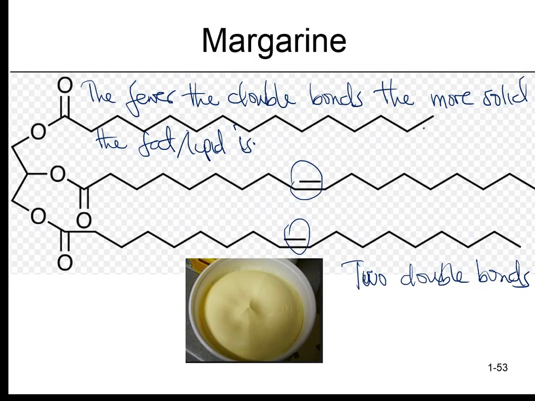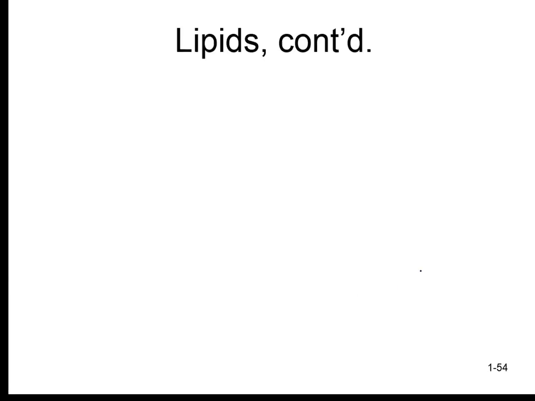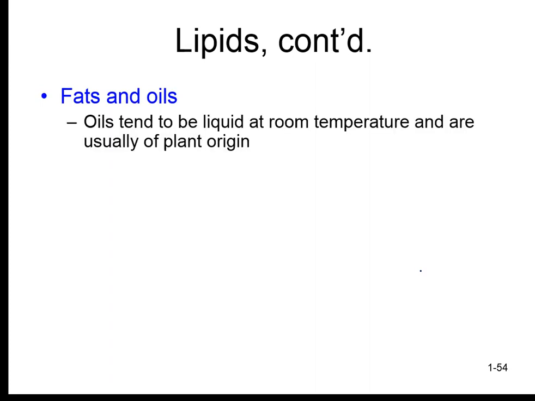So all these are fatty acids. You can see they have fatty acid chain. Chain 1, chain 2, chain 3. So we are talking about fatty acids that are liquid and fatty acids that are solids. So we define them in 2 ways: fats and oils.